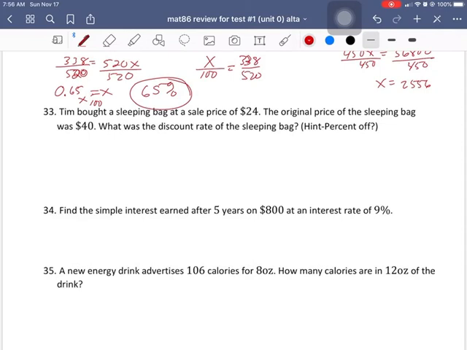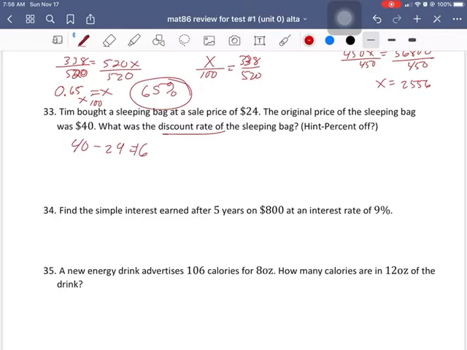All right, Tim bought a sleeping bag for a sale price of $24. That was the sale price. That was the final price. The original price was $40. What was the discount rate? So I would go $40 minus $24 would be $16.